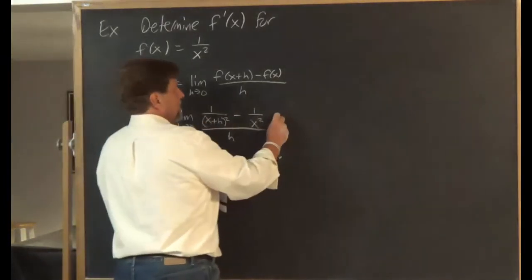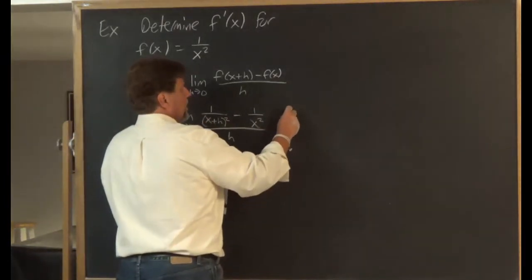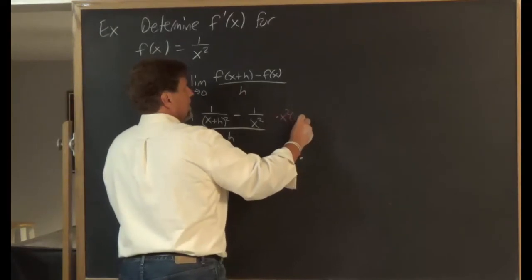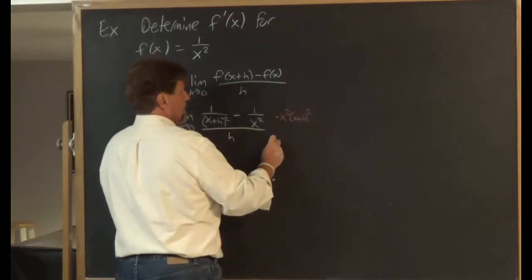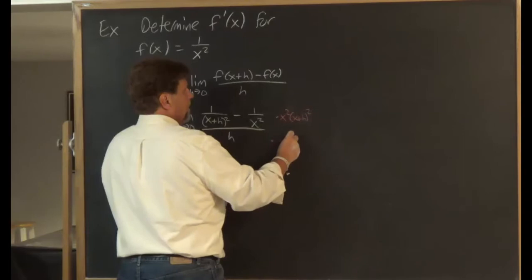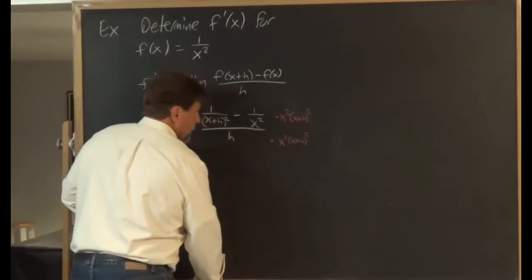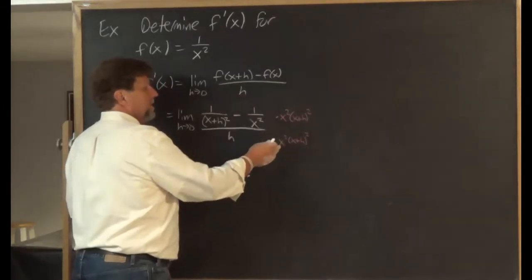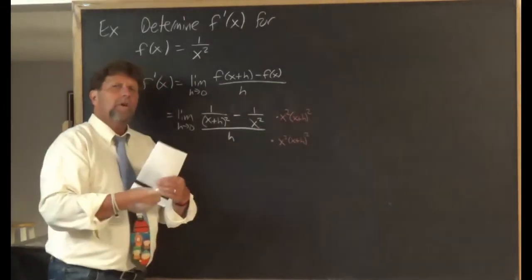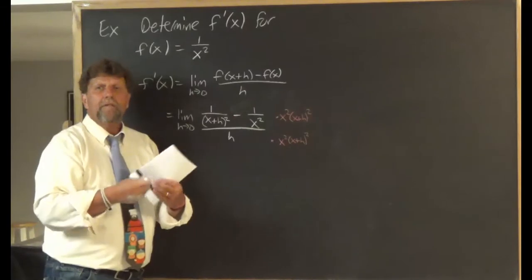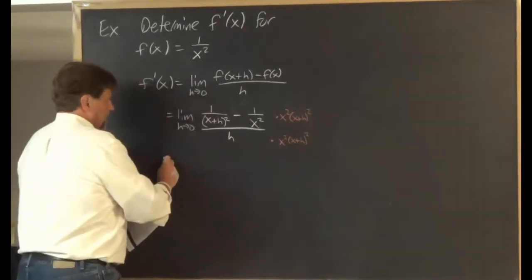So my next step is to multiply the numerator by x squared times (x plus h) quantity squared, and to multiply the denominator by x squared times (x plus h) quantity squared. Keep in mind, when I'm multiplying numerator and denominator by the same thing, I'm really multiplying by a version of 1. So let's see.